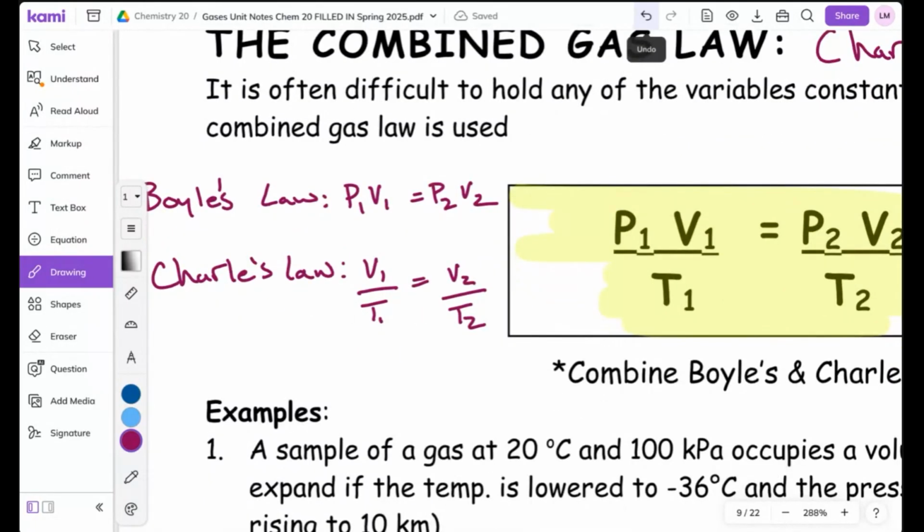Now, we did have a different version of Charles's law, which was V1 T2 is equal to V2 times T1, but either one of these forms works.